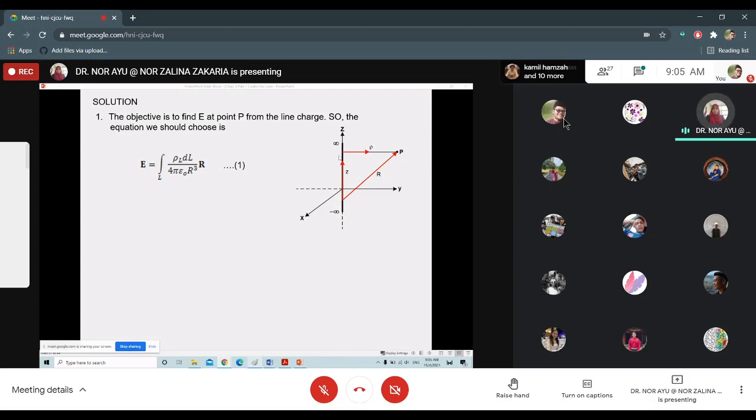So take from the starting point of your R towards the P. You need to go up for Z and then from there towards your P. So going up will be Z and towards your P will be rho. That is your apa ni? Radius. So fahamkan tu dulu and make sure you draw inside your notes. Sekejap ya.